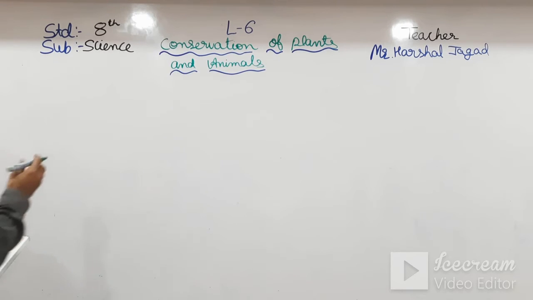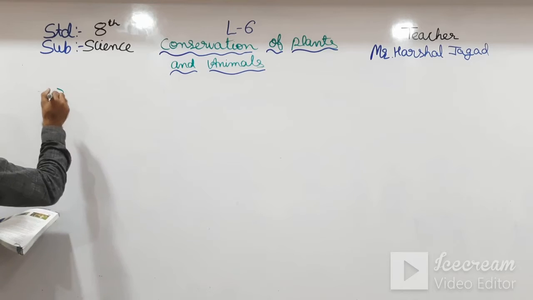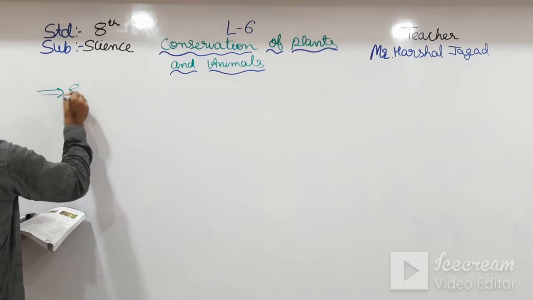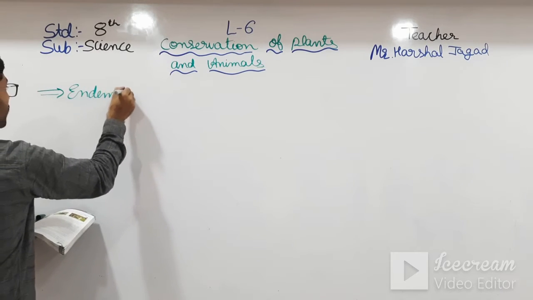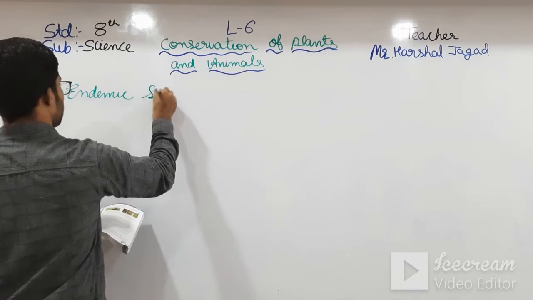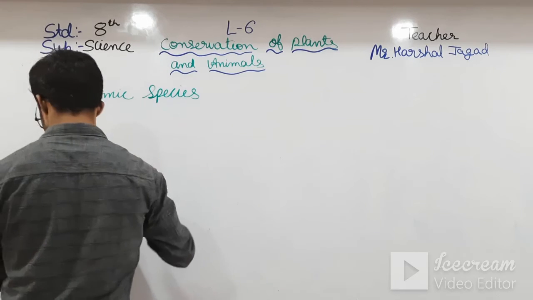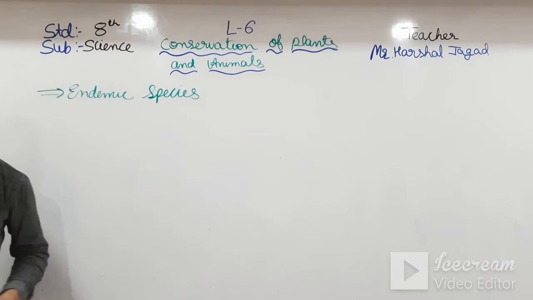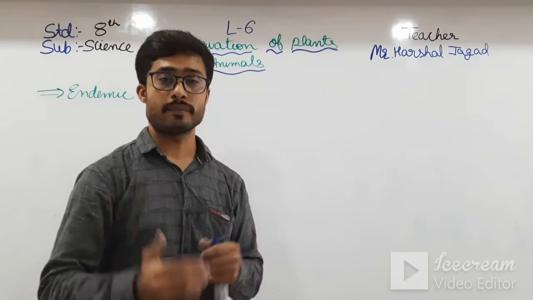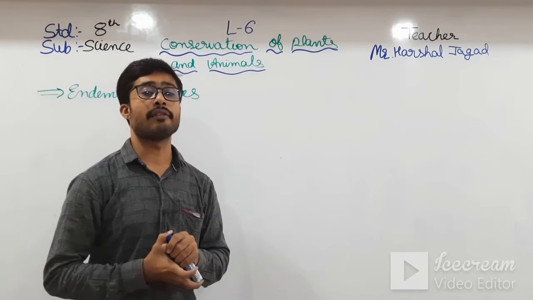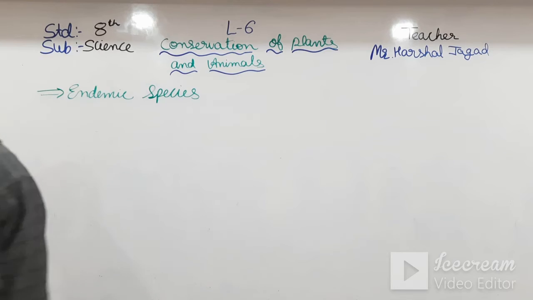Some plant and animal species are found in a particular geographical region, seen only in that particular area, and are known as endemic species. There is a definition of it. Let me write that on the board.